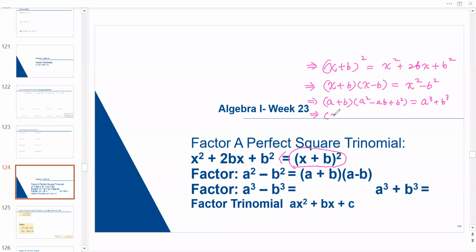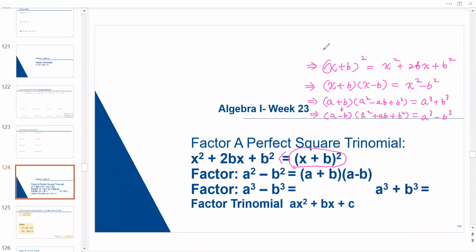And the second, we change b to negative b. So this one equals a cubed minus b cubed, right?